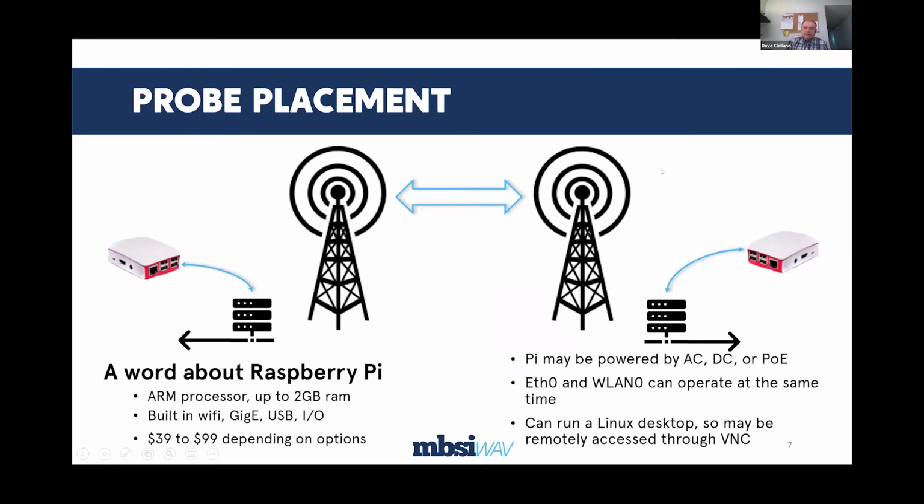So like any Linux box, you can have connectivity to the device through the Wi-Fi and be testing over the Ethernet, or vice versa, whatever your network setup is, what you're trying to do with it. So it's very flexible, and it can run a Linux desktop so that you can remotely access it through VNC.